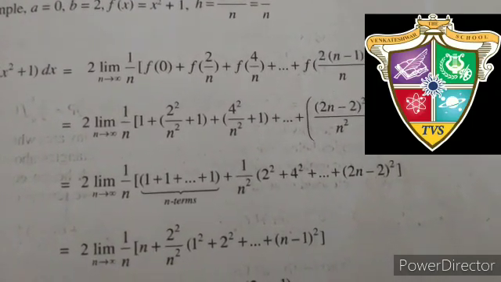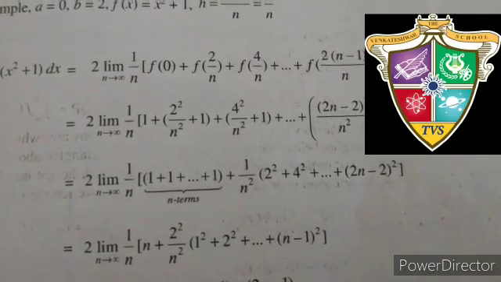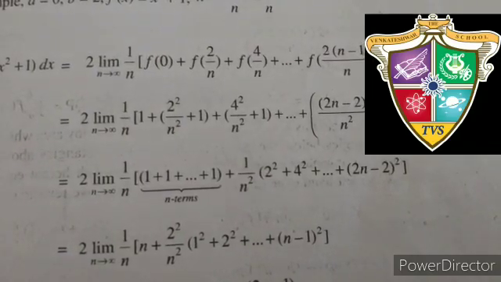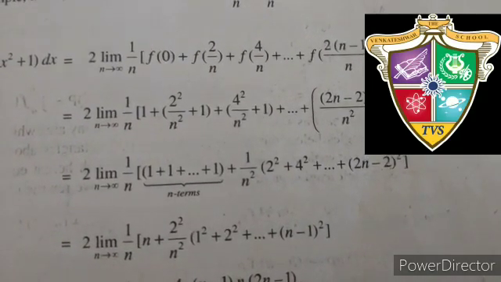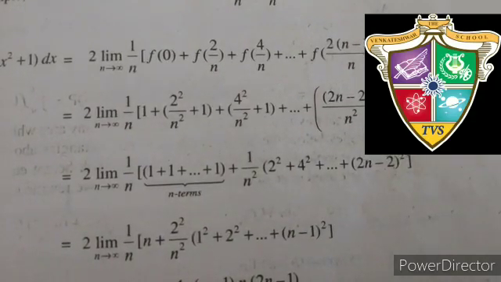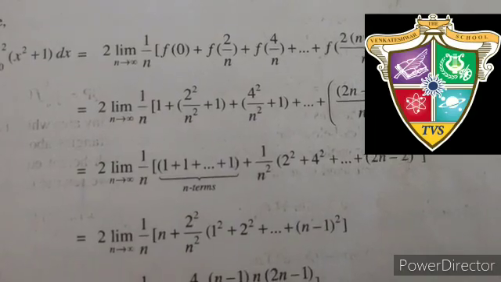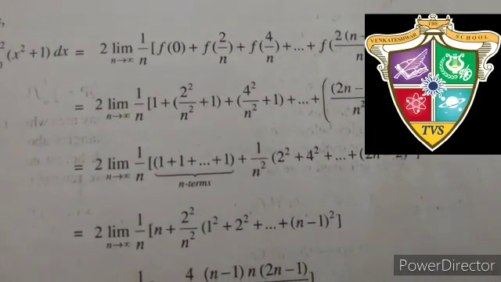Fine. Now you put the value, whatever is the function, x square plus 1. Now, suppose it is f(2 by n), then it will be 2 square by n square plus 1, 4 square by n square plus 1, like that it will continue.